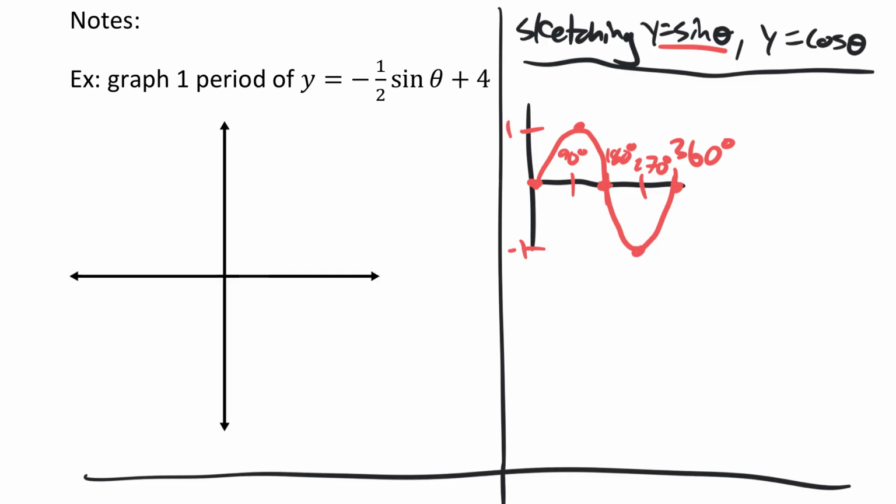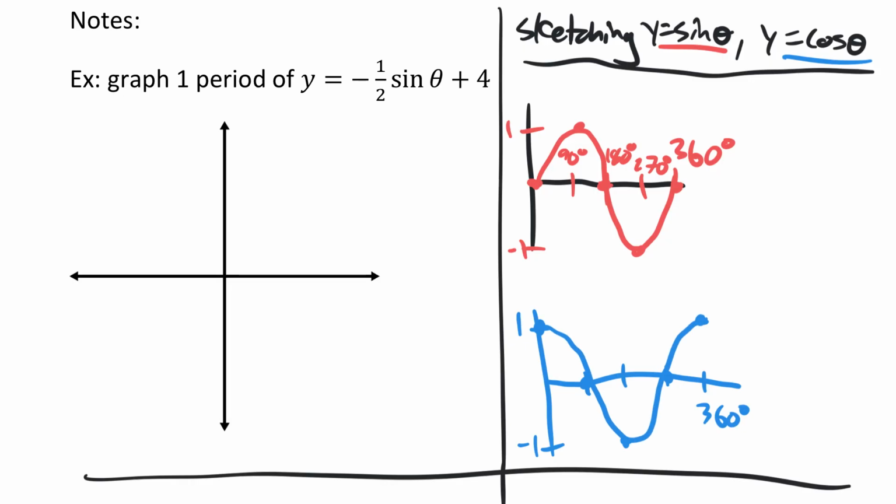And then for cos, it's the same idea. It still goes up and down to the same value, so it still goes up to 1 and down to -1. And we still space it out like that with the 360. But we start at the top, then go to the middle, then the bottom, then the middle, then back to the top.